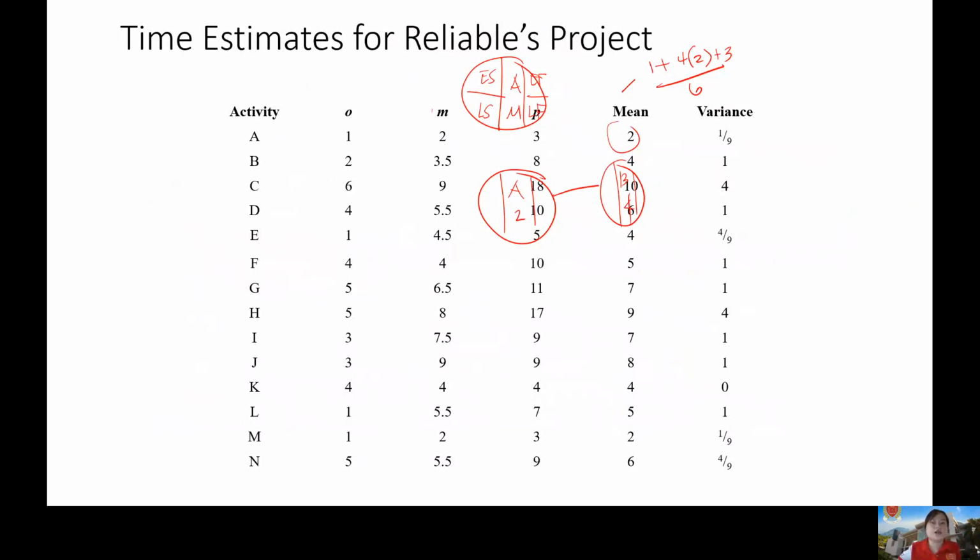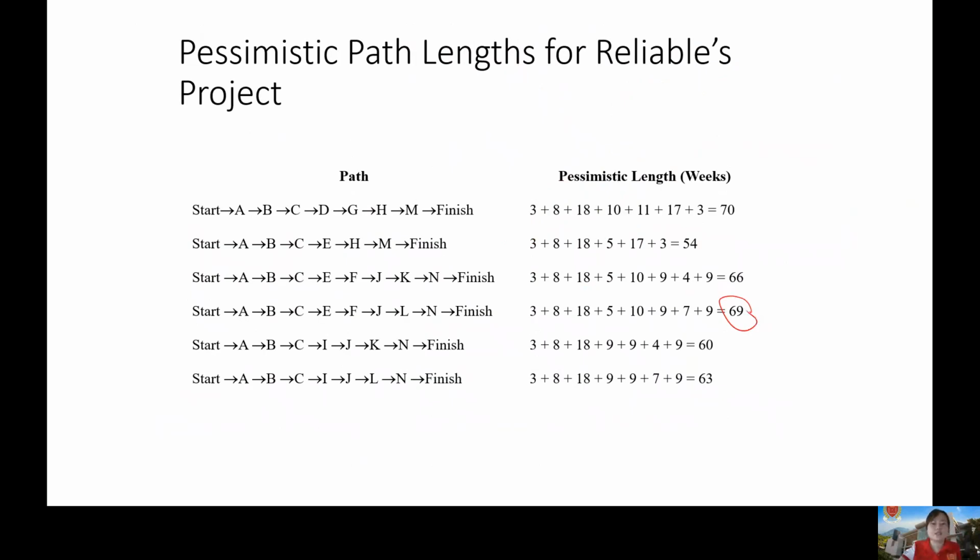So, yun lang yung kaibahan. Pwede nyo pong gamitin si backward and forward pass kaysa mag-isa-isa kayong kunin na naman tong lengths ng kada possible path. Okay? Anyway, lalabas na in pessimistic, ito yung pinaka longest.